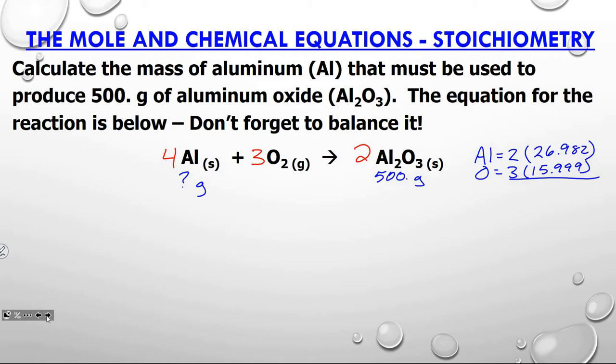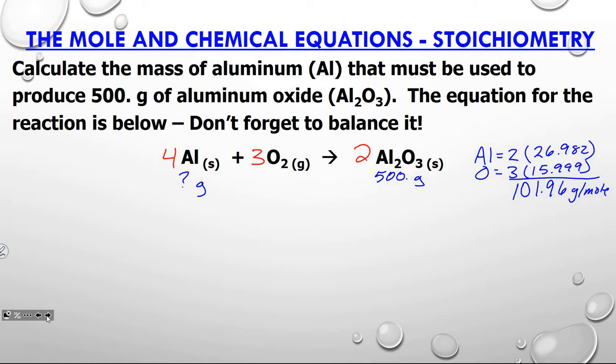It's sort of like a recipe. Okay, so 2 times 26.982 plus 3 times 15.999, and I got a syntax error. What did I do? I hit the funny thing instead. Okay, 101.96. Is that what you guys got?